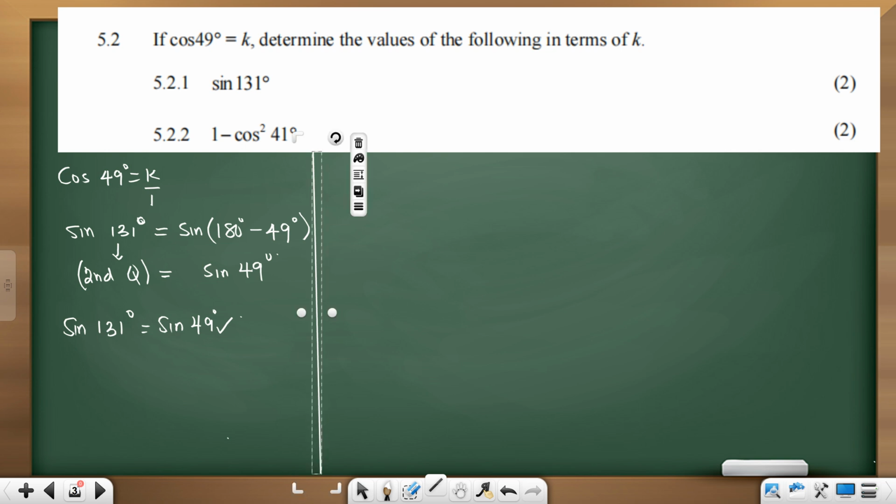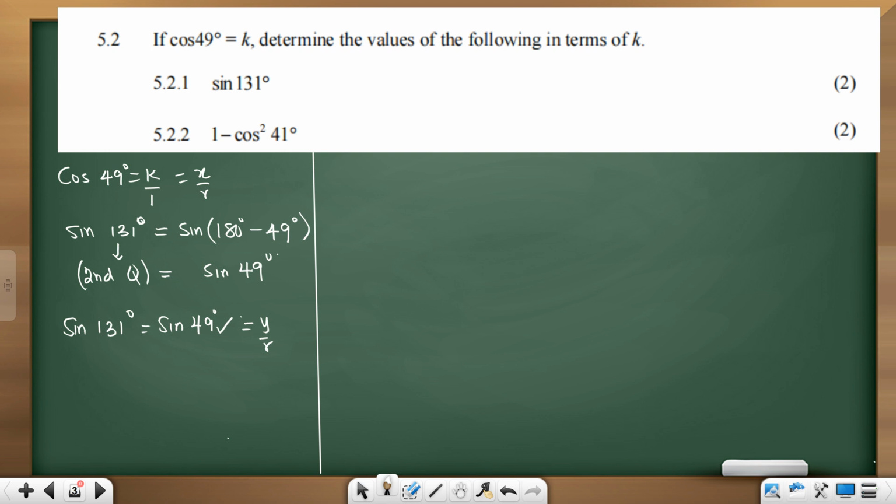But here is my problem. I have sine 49. The examiner gave me cos 49. Remember where we came from. What is cos? Cos is x over r. But sine is y over r, and I do not know my y.